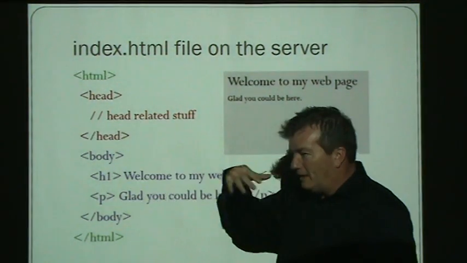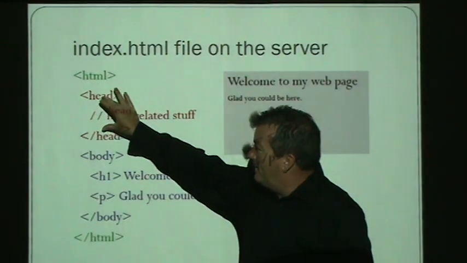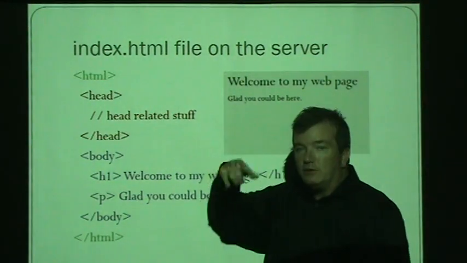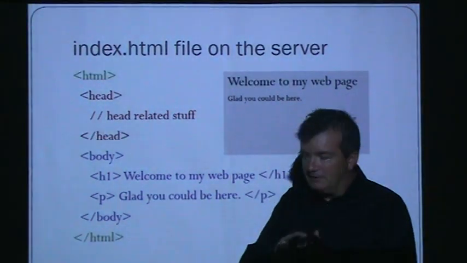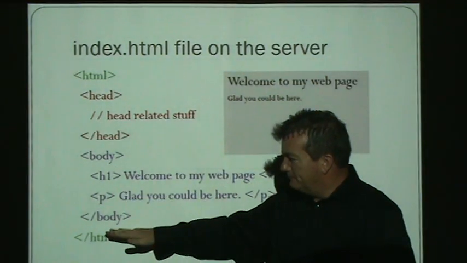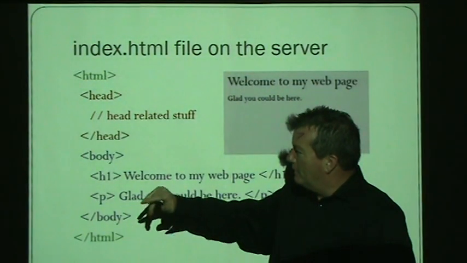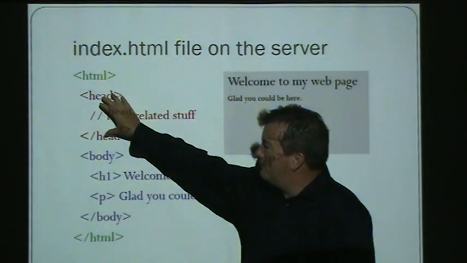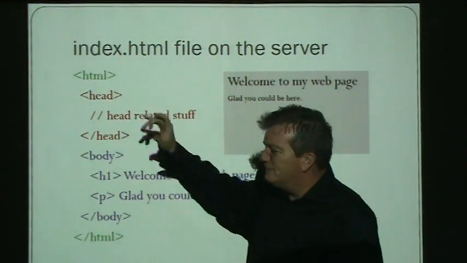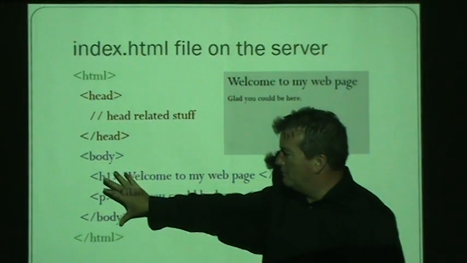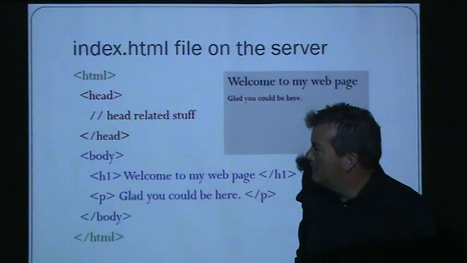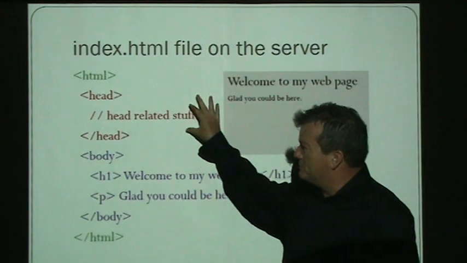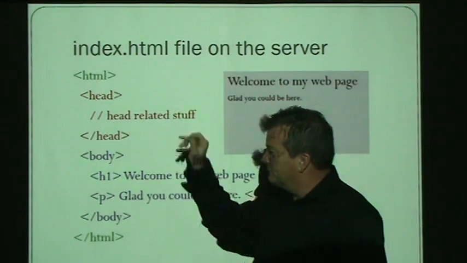So as you hop to other pages, in the header section we could check, hey, are you logged in? If you're logged in, you're allowed to see what's in the body. But if you're not logged in, it'll say, oh, you must log in to see this. That checking is done in the head, and the head is not stuff that you see on your screen. What's in the body is what you see on your screen. But right now, for our purposes, the head could be empty.